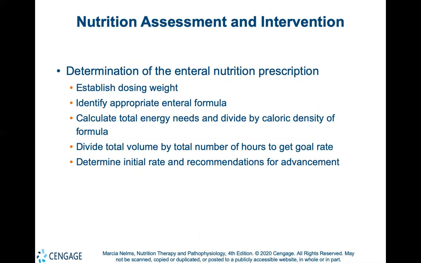Identify an appropriate enteral formula that is consistent with the patient's nutritional needs, digestive and absorptive capability, and diagnosis. Calculate the total energy needs and divide by the caloric density of the formula. Divide the total volume by the total number of hours over which formula will be administered. This is the goal rate. Determine initial starting rate and recommendations for advancement.